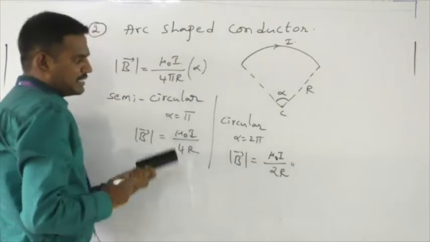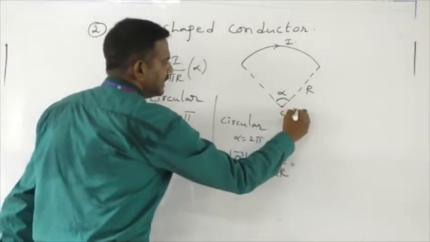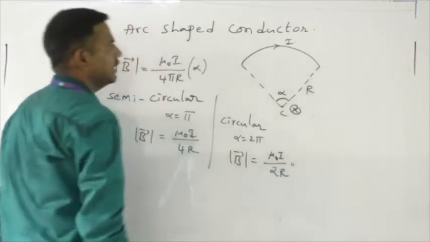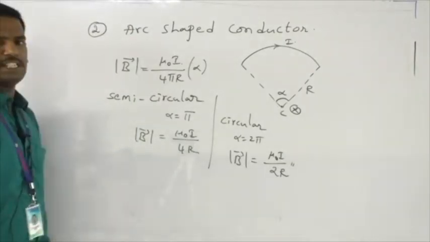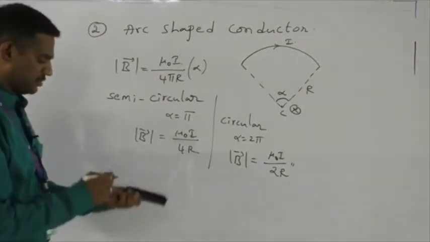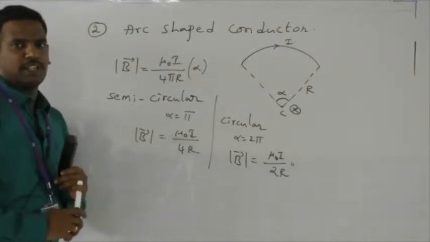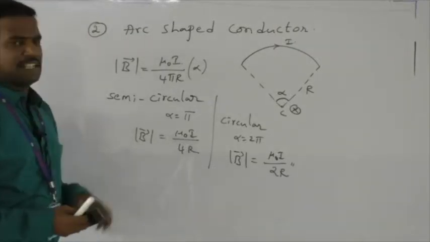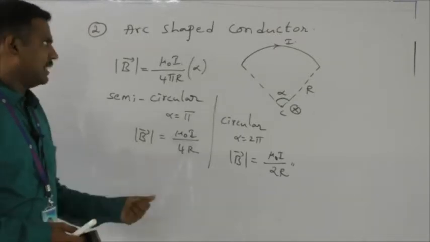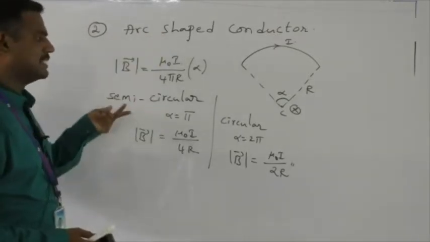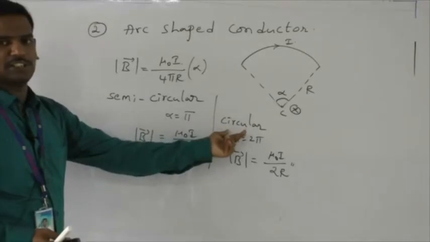Therefore at this point C, the direction of magnetic field intensity is into the plane. So far we understood the Biot-Savart law and applications for the straight conductor, infinitely long, semi-infinitely long, and here arc-shaped, semicircular, and finally circular shaped conductor.